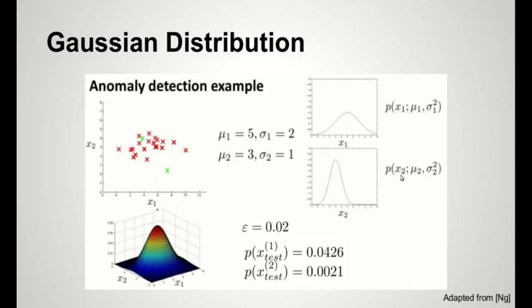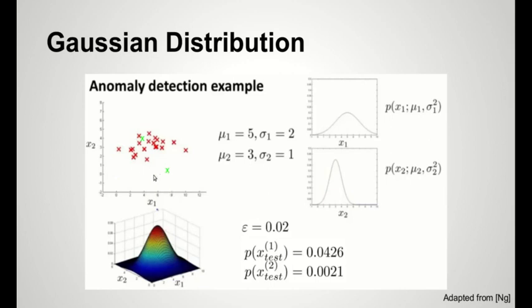Here is the 0, so we see that 0 is very unlikely to happen. If we multiply these probabilities, which is the area under the curve here, we come up with this value, which is 10 times smaller than the epsilon that we chose. So we would flag this as an anomaly.